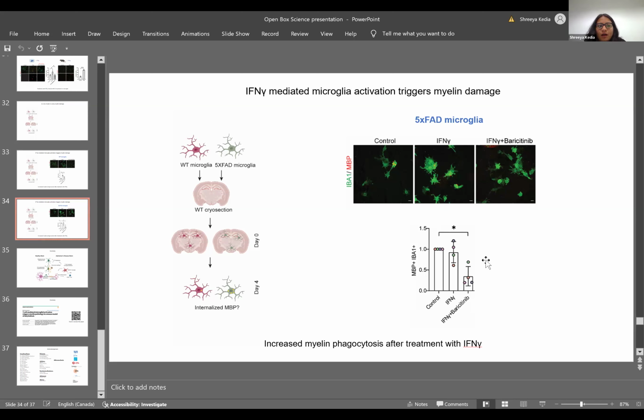Also, I feel like a lot with AD research, it's a timing issue. They might have some sort of protective effect in the beginning, but then this is completely overshadowed by what they start doing towards the end, which is really, really damaging. That's the same with microglia, like they're really protective in the beginning, but then they get really activated and start damaging things. Yeah, totally agree. Thank you.